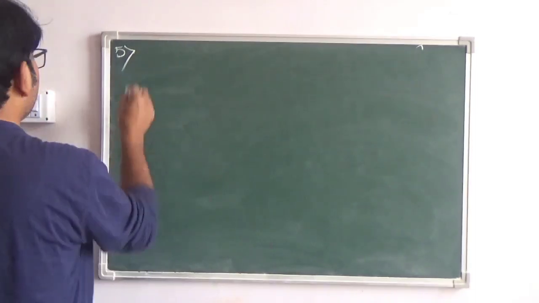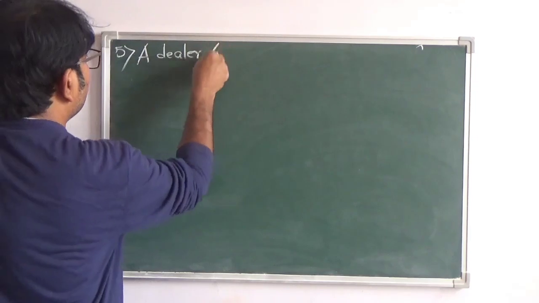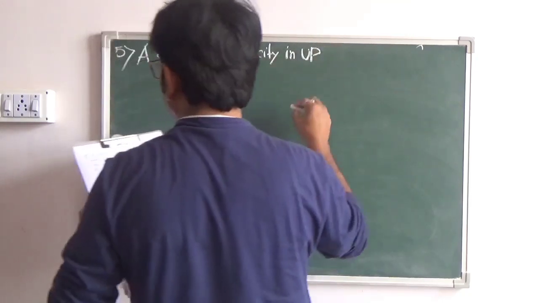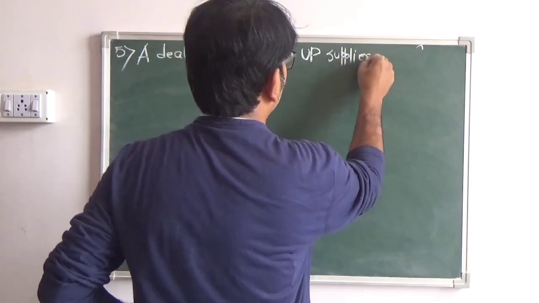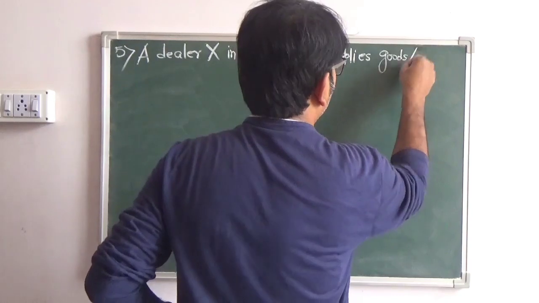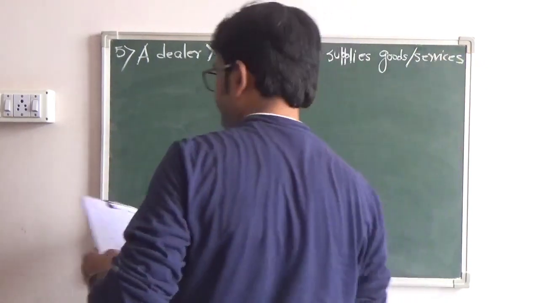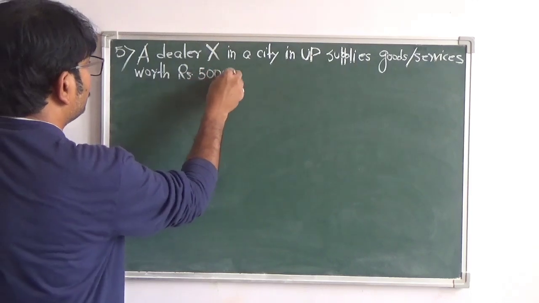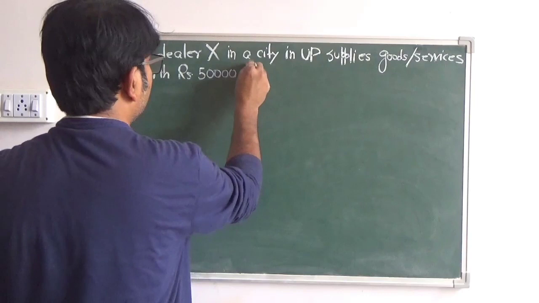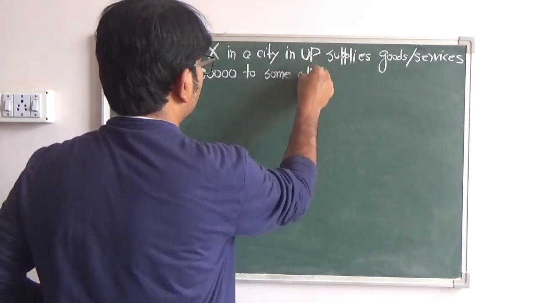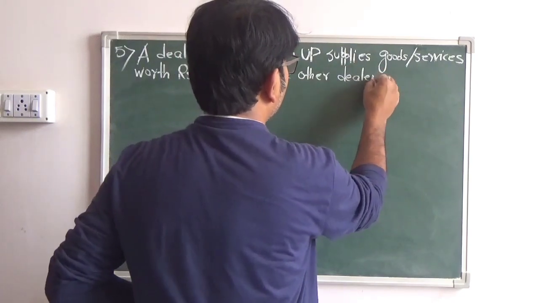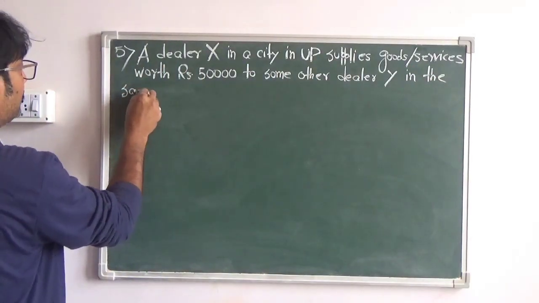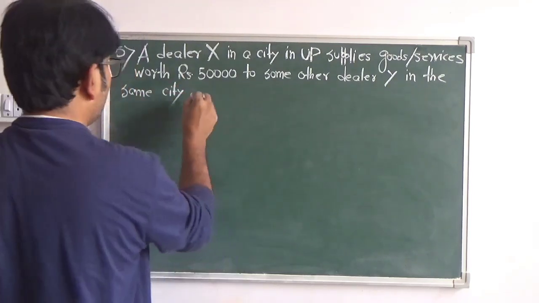A dealer X in a city in UP supplies goods and services worth rupees 50,000 to some other dealer Y in the same city in UP.